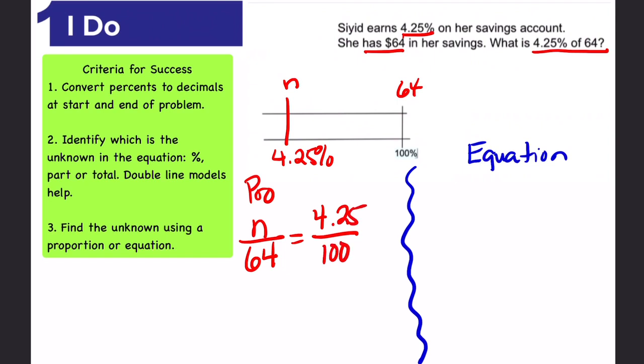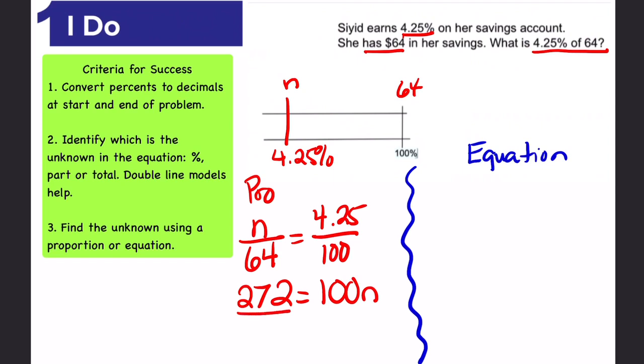And for this one, you are absolutely going to need your calculator. So just have it handy and ready. And I'm going to cross multiply, and you can use yours to help validate. So I'm going to multiply 64, going in first, 64 times 4.25, and I'm getting 272 is equal to 100n.